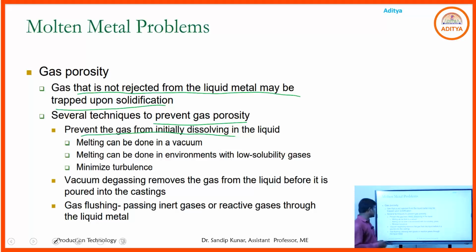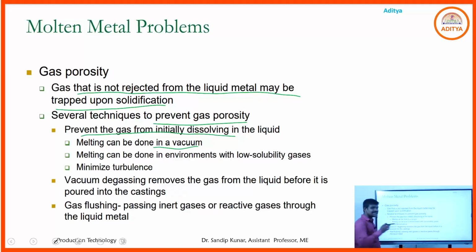If it is not dissolved, melting can be done in a vacuum, where no gas is present. Another option is melting in an environment with low solubility gases, meaning some gases are there but they have low solubility.